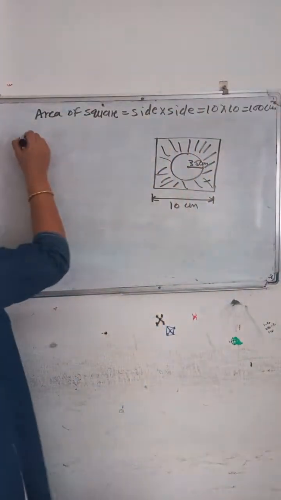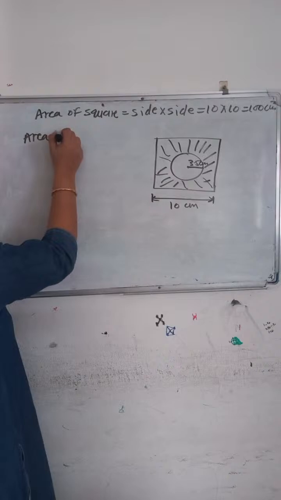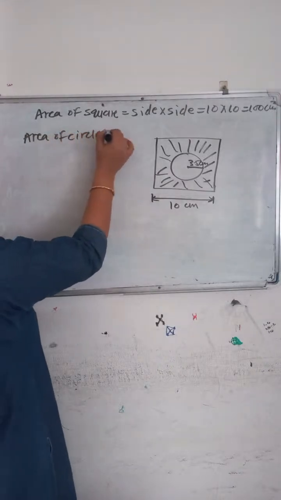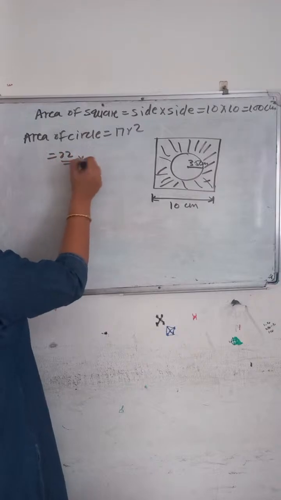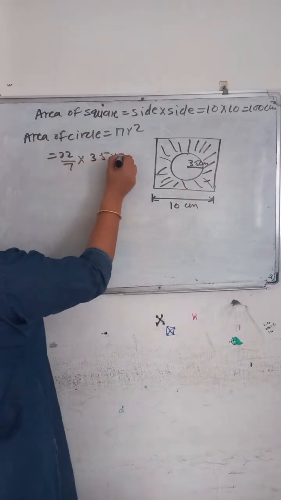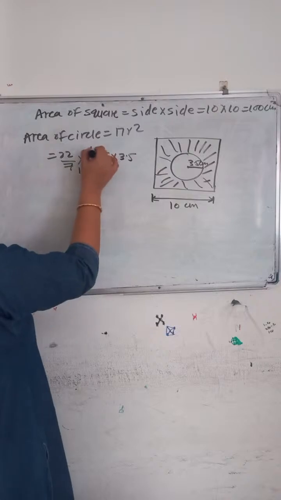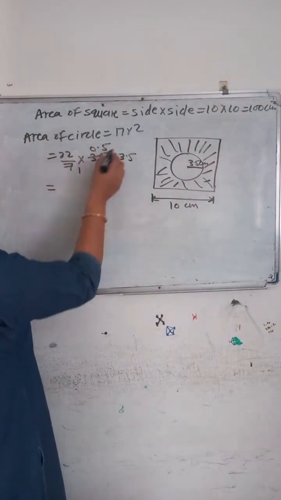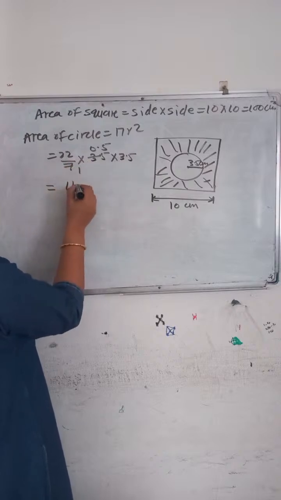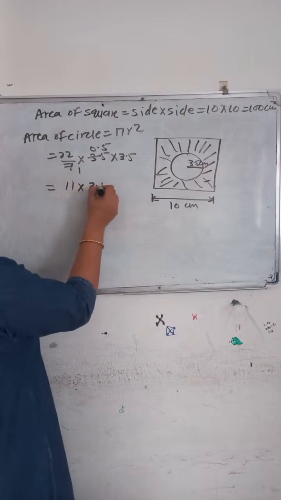Then area of a circle is pi r square. Pi is 22 by 7, r is 3.5 into 3.5. 22 into 0.5 is 11, that is 11 into 3.5.